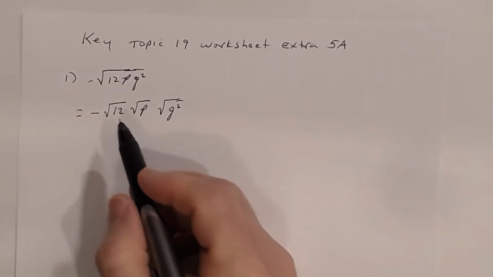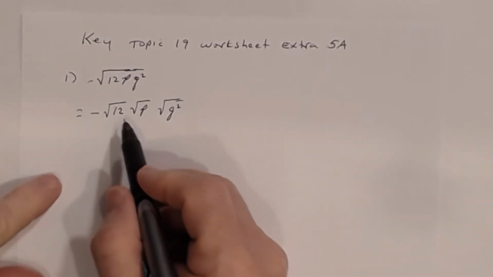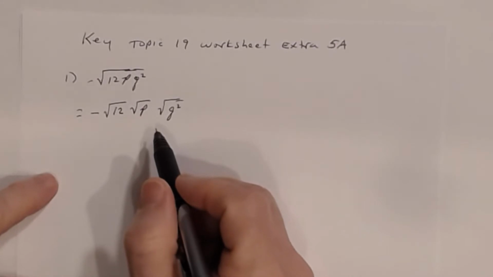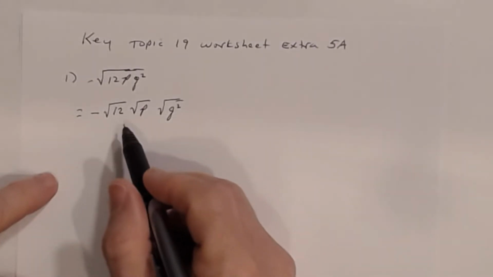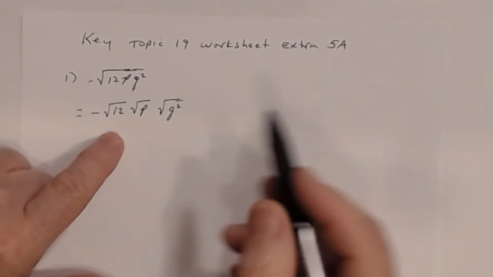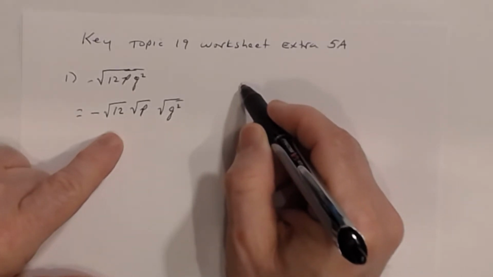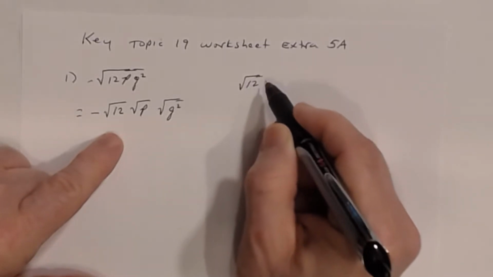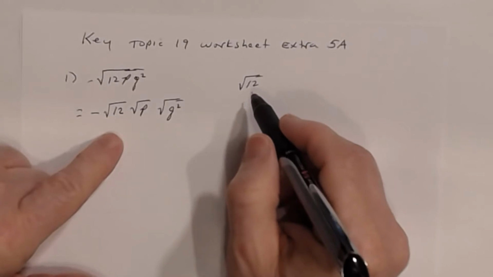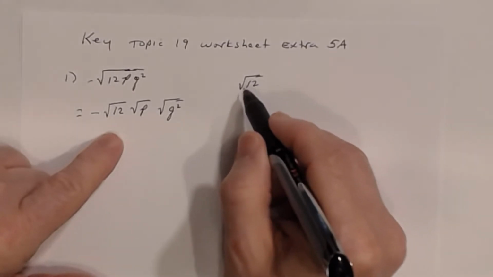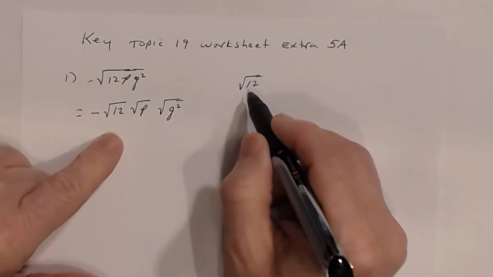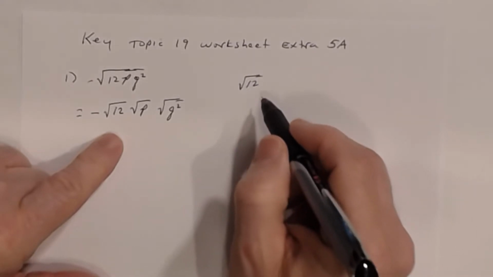Now you need to simplify each of those individual square roots if it's possible to do that. So for the square root of 12, remember you're looking for the largest perfect square that goes into 12, and that is 4.